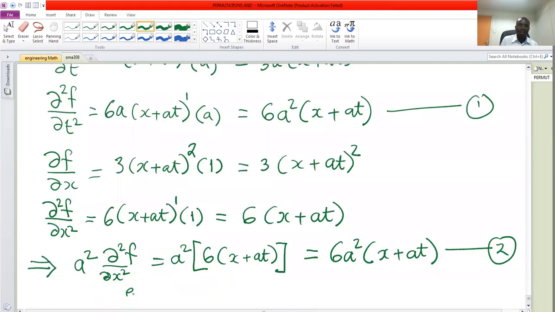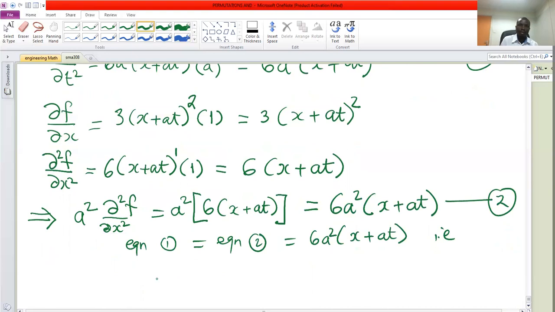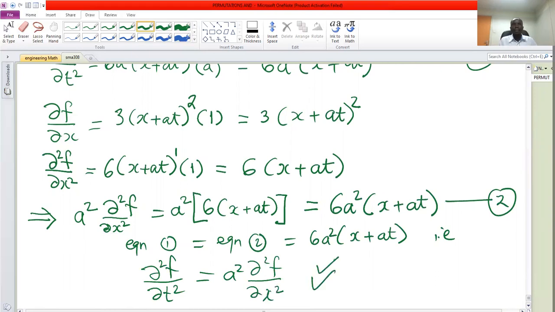Equation 1 equals equation 2 equals 6 a squared (x plus at). That is to say that partial squared f partial t squared is the same as a squared partial squared f partial x squared. So therefore, that function satisfies the wave equation.